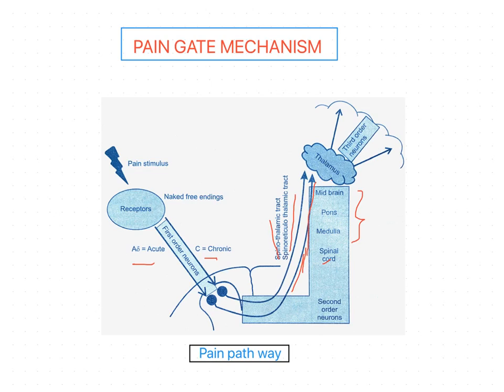On this way, from second order neuron to third order, collaterals are given out from the pain pathway to the reticular activating system, the PAG, periaqueductal gray matter, the mesencephalic reticular formation and the hypothalamus. So these are some of the collaterals given at this site.